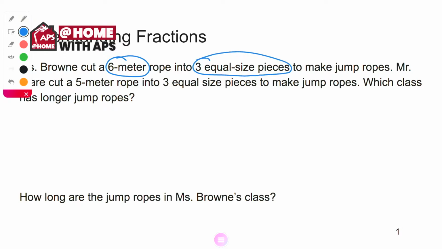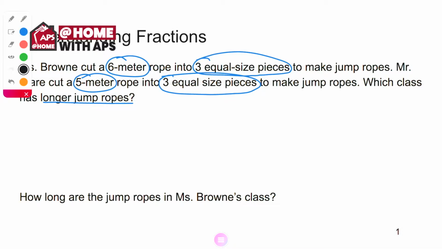So I know for Ms. Brown, we have that. For Mr. Ware, we have the 5 meters and then the 3 equal pieces. What are we being asked to do? Who has longer jump ropes? So let's go ahead and do some math.